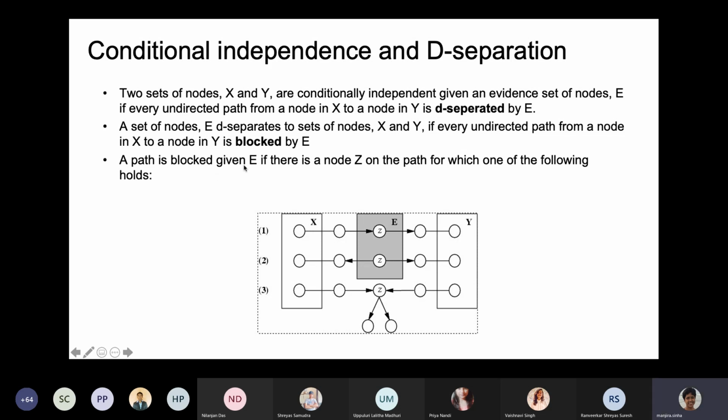A path is blocked given E if there is a node Z on the path for which one of the following holds. So let us see graphically.